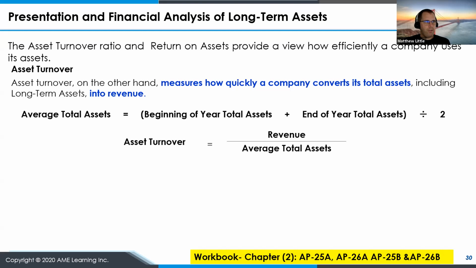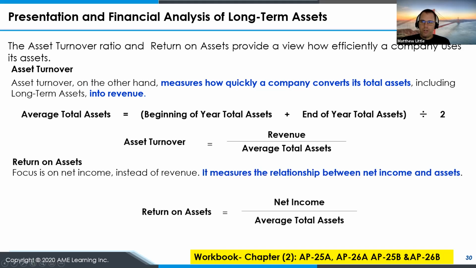The formula for average total assets, just as a reminder, is the beginning plus the end of the year total assets divided by 2. So that's your average total assets. The asset turnover takes the revenue earned in that year divided by the average total assets. The return on assets looks at the net income, so your bottom line net income after all operating expenses, divided by average total assets.